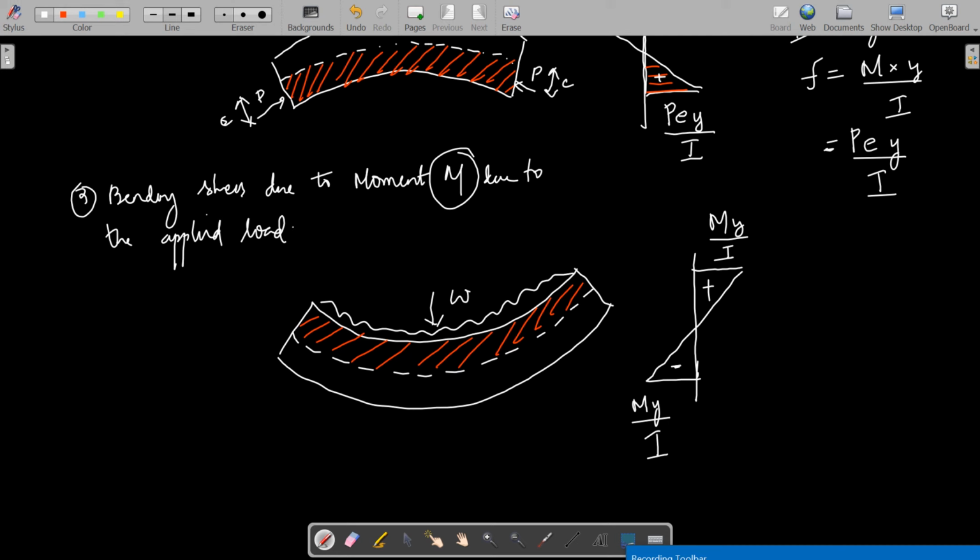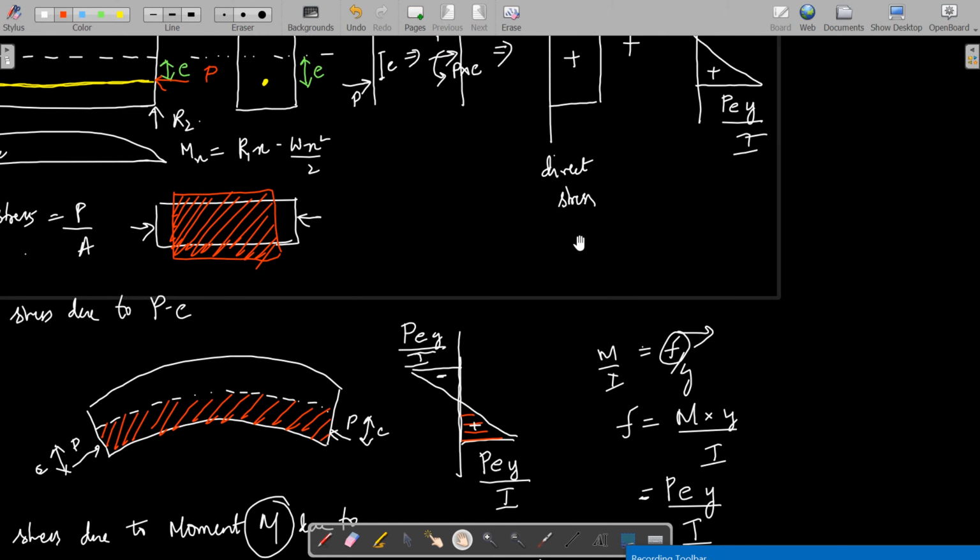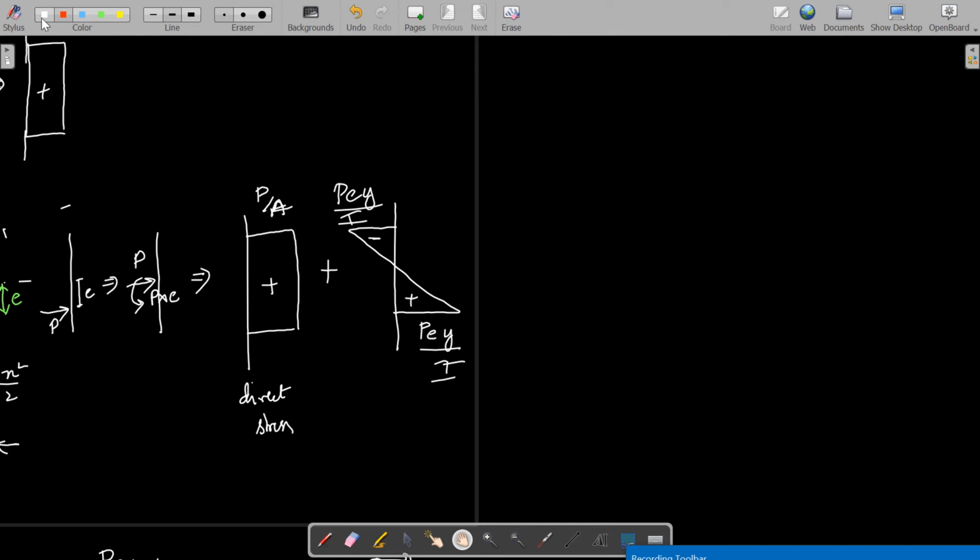So the total will be compression like this. The total bending stress I can write as, when I am coming here, it will be plus. There's one more thing, that is compression at the top and tension at the bottom, that is My by I, My by I. So I am representing this compression in total by this red color.